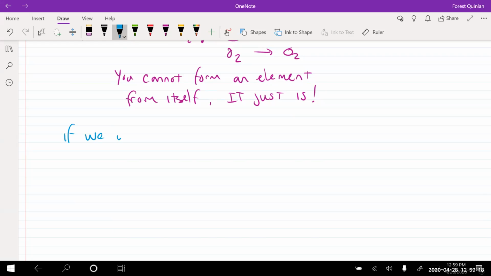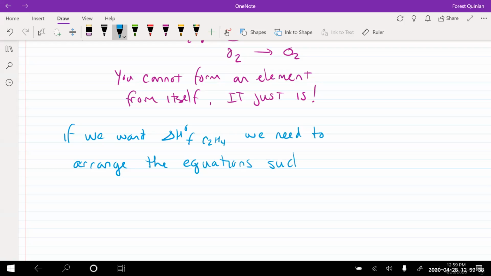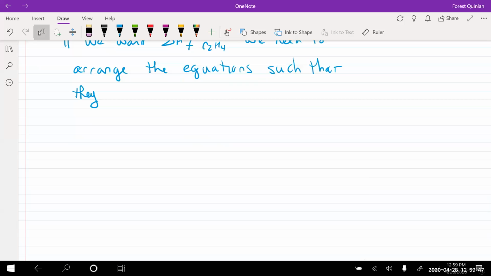If we want delta H naught of formation of C2H4, we need to arrange the equations such that they match what we want. What do I mean by this? Okay.